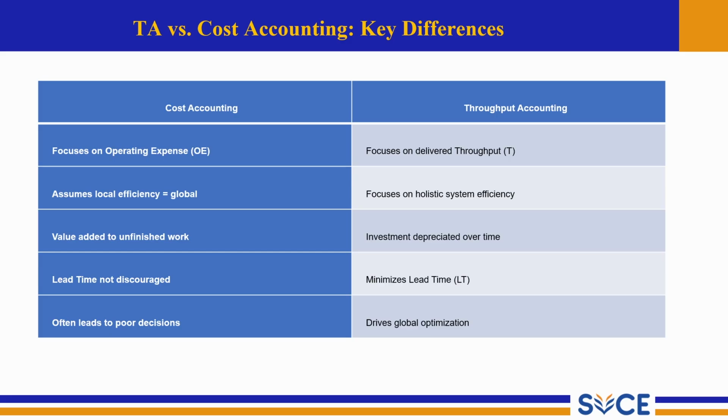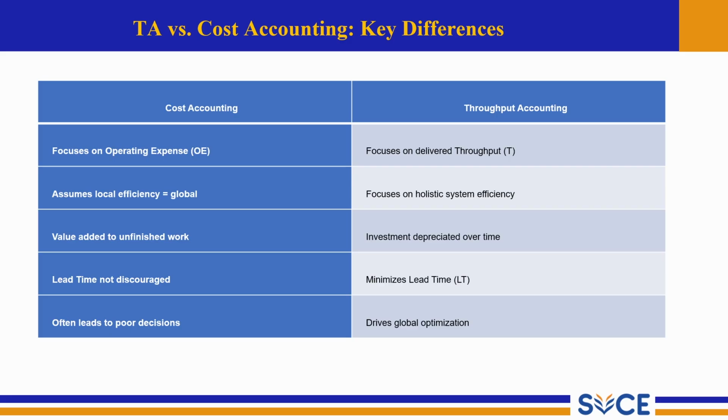comparison between throughput accounting versus cost accounting. What are the key differences between throughput accounting and cost accounting? Cost accounting focuses on operating expense. Throughput accounting focuses on delivered throughput, that is, it focuses on software. Cost accounting focuses on labor. Cost accounting assumes local efficiency equals global efficiency. Throughput accounting focuses on holistic system efficiency.